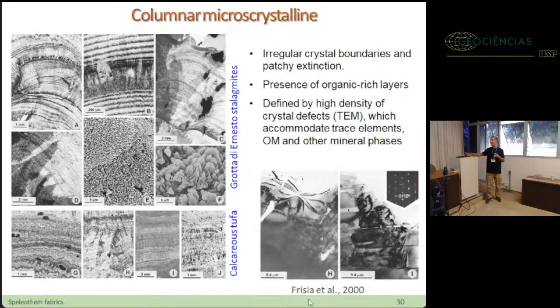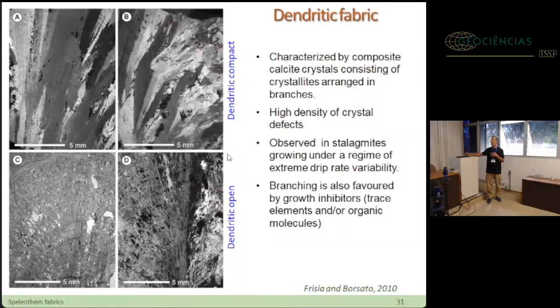And these defects in the calcite can accommodate all the junk, which can be trace elements, can be organic, can be everything. So the fewer defects, the less of this junk is eventually incorporated in the stalagmite.